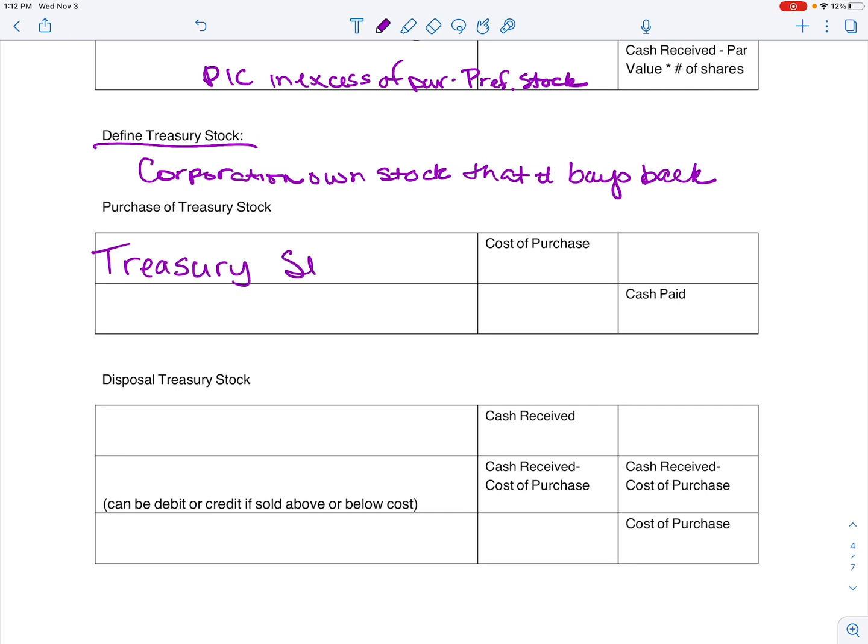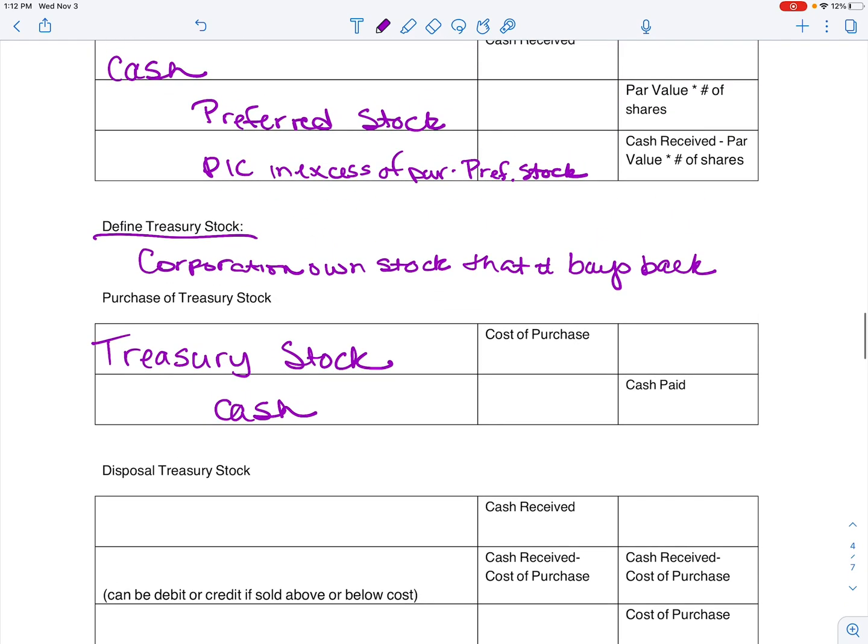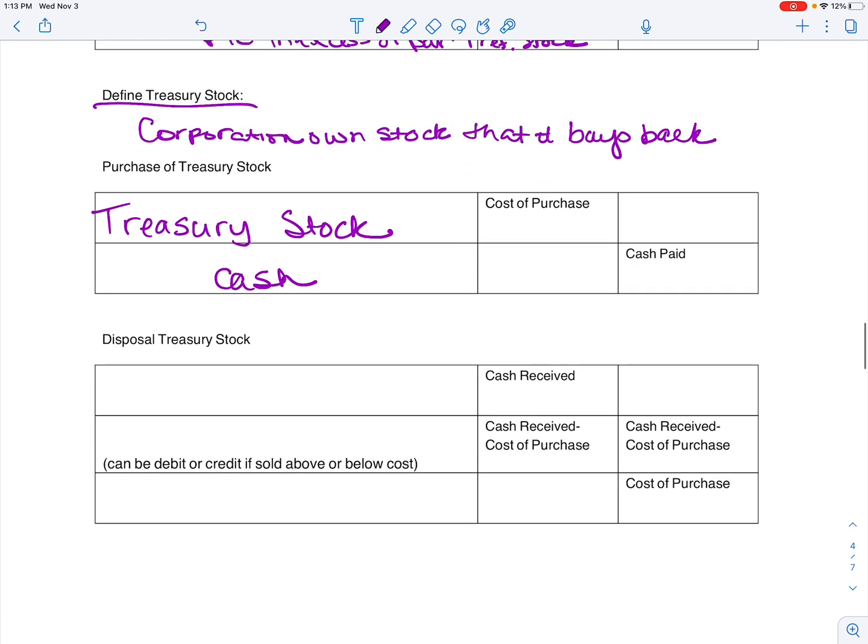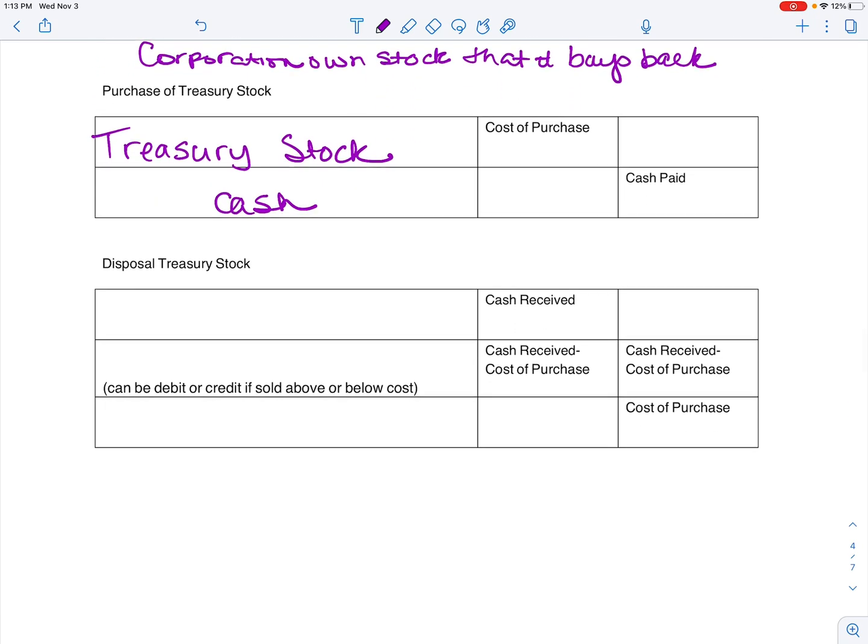We're debiting our treasury stock, and we're going to credit our cash. Whereas if we have preferred stock or common stock, these are credit part of your stockholders' equity section. Treasury stock is a debit part of it. We'll show you what that looks like in the balance sheet at the end of this chapter.